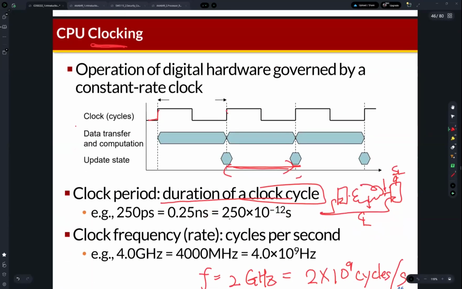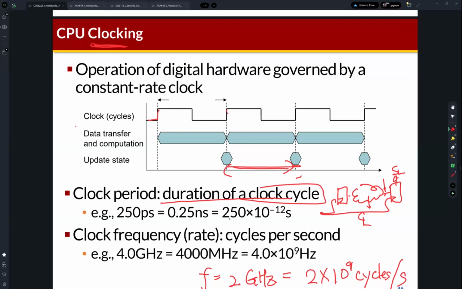Clocking is also basic knowledge of digital systems. I said that every digital system or digital component uses a clock signal.